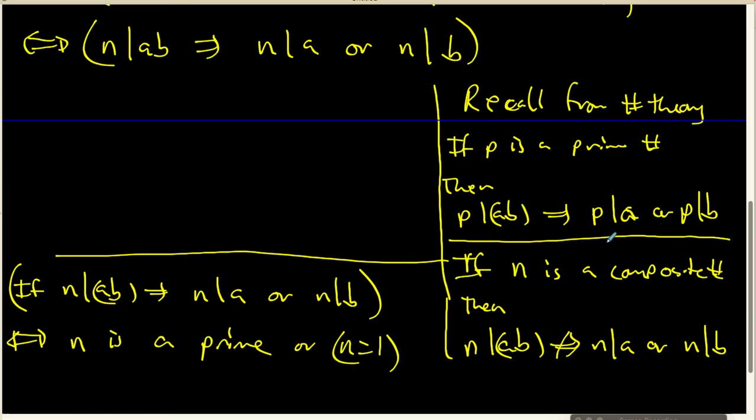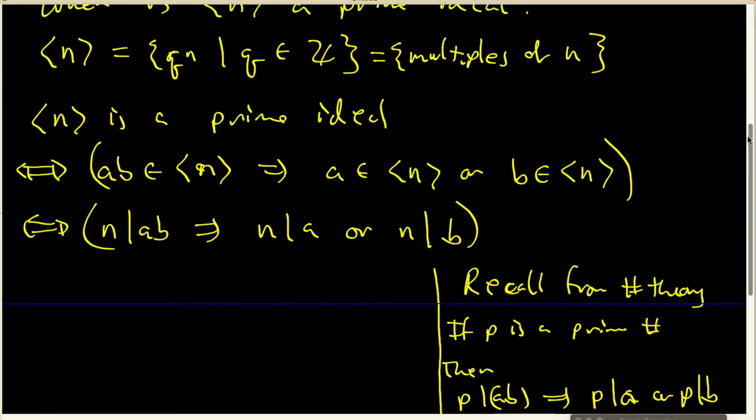So what this means is that from number theory, we can put this back and we realize that the ideal generated by n is a prime ideal if and only if n is a prime number, when we know that n is bigger than 1. So this guy is a prime ideal, and n is bigger than 1, if and only if it is a prime number.